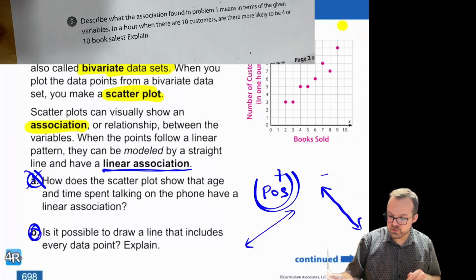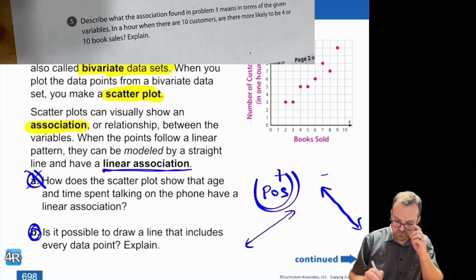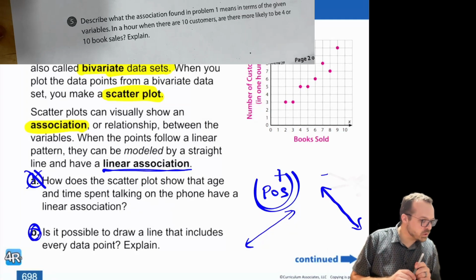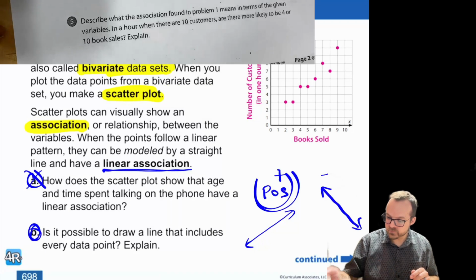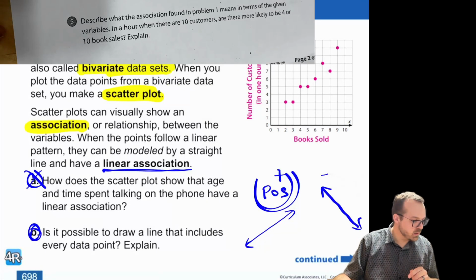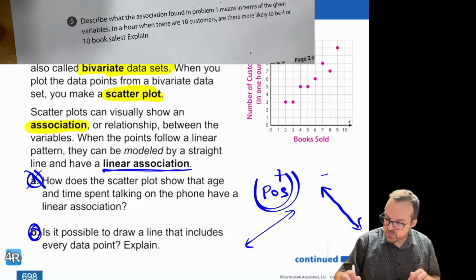The book sold versus the number of customers. And it asks the question, in an hour when there are 10 customers, all right, so 10 customers is right here. Are there more likely to be 4 or 10 book sales? So I'm just kind of following this over here.